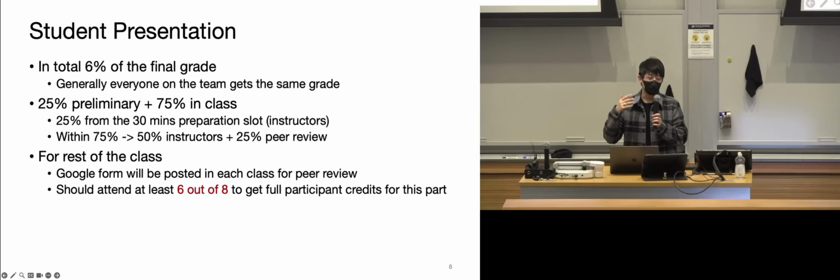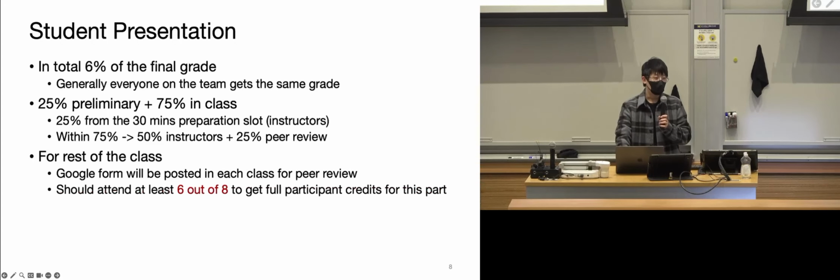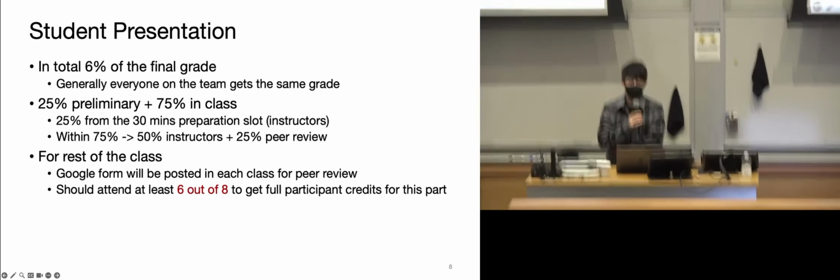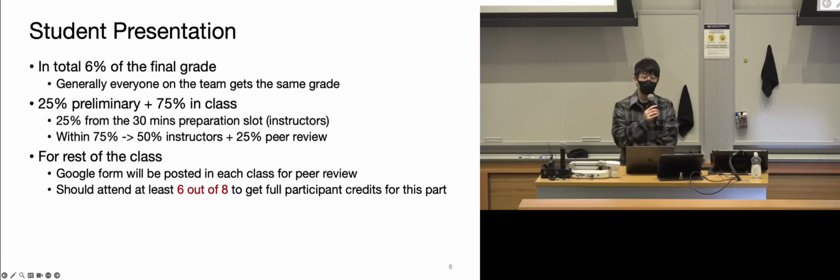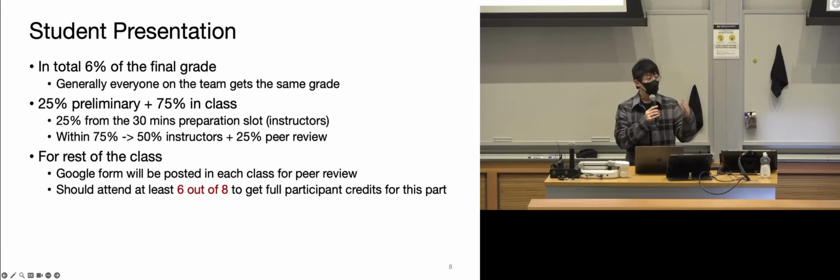So it's totally possible that all 4 presentations during one lecture get 4 points, or that none of them show up really well. It's not like we're comparing across each lecture. You should attend at least 6 out of the 8 lectures to get the full participation credit for the rest of the class.